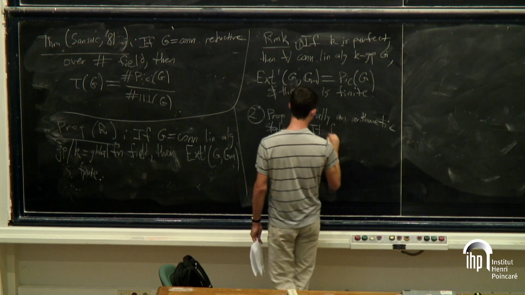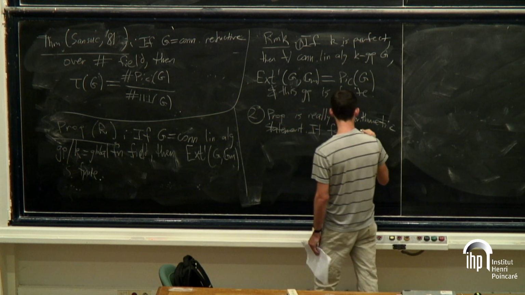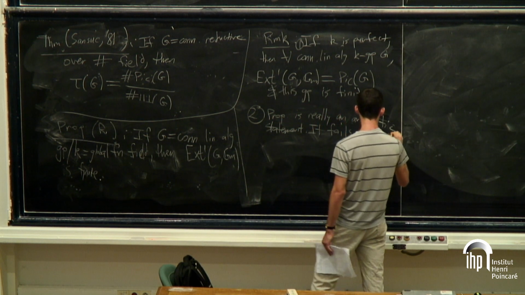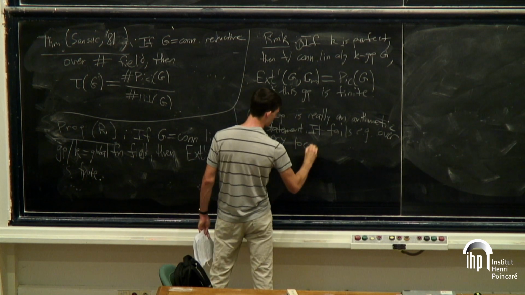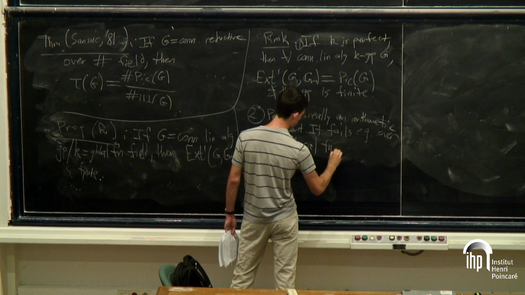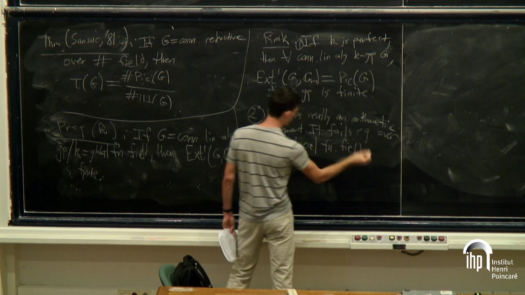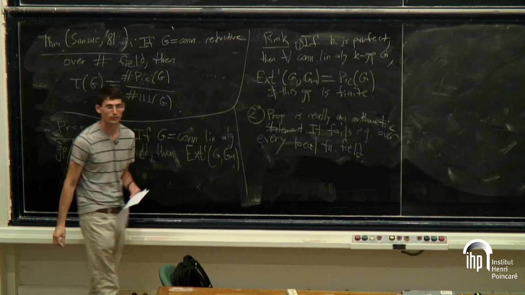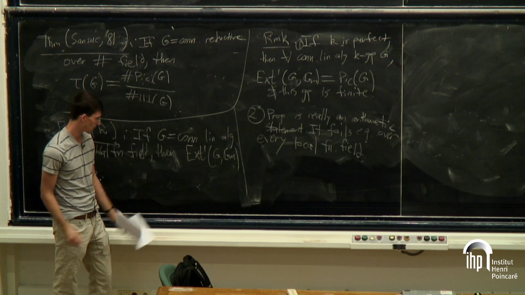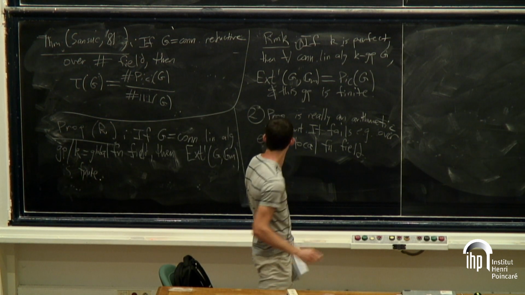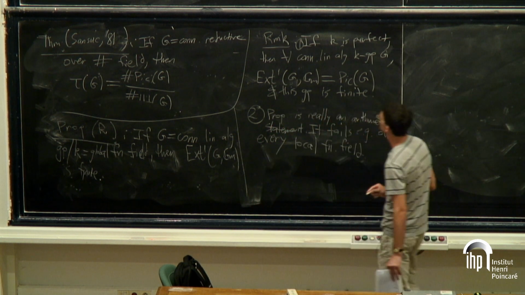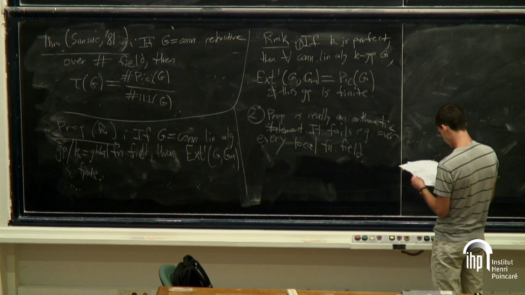It fails, for example, over every local function field. So if you replace global with local, this proposition is totally false. So you need to use arithmetic somewhere. All right.